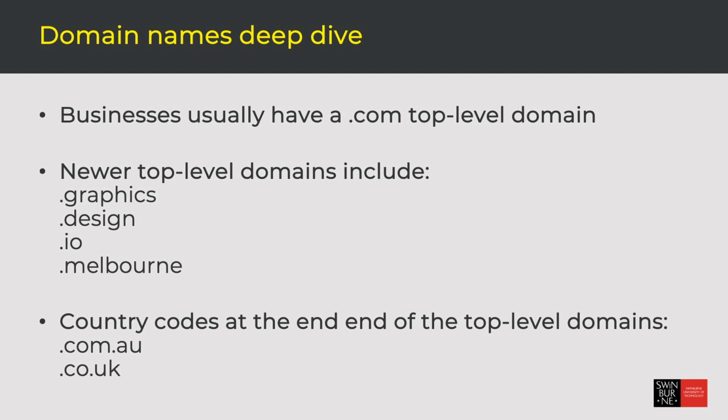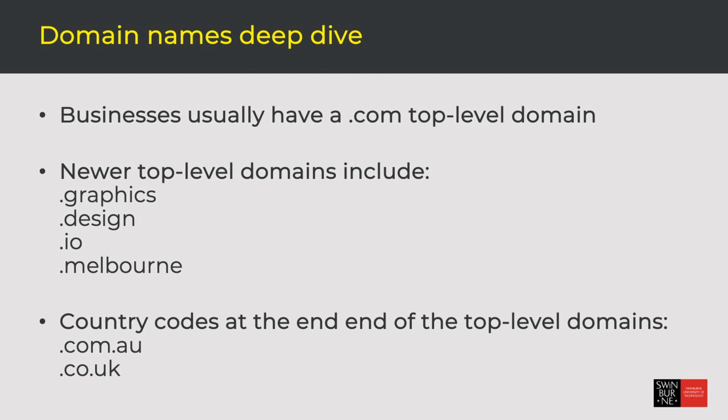However, as top-level domains evolve, you can find a series of unique and interesting top-level domains, such as .graphics or .design, which may be suitable for designers, .io, which have become popular for browser games such as Agar.io and Slither.io, .melbourne for Melbourne-based businesses, etc. Usually, domain registrar sites offer you a series of alternatives to .com, especially if your chosen domain is taken.